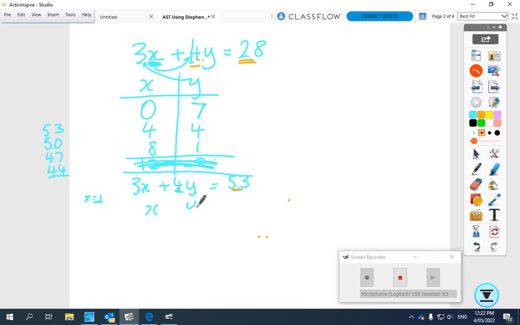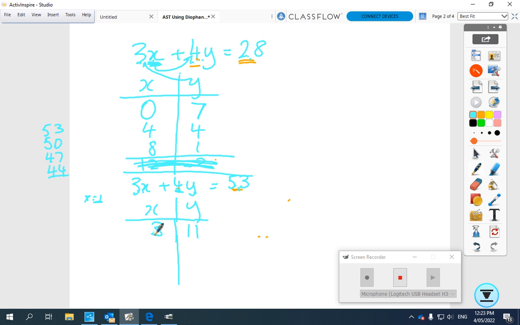So we set up our table. Subtract 1, subtract 2, so x is 3, 3 3s are 9, 9 subtracted from 53 is 44, and then divide that by 4 and you get 11. So there's our first answer, x is 3. So you just have to either subtract 3 and look for a multiple of 4, or subtract 4 and look for a multiple of 3.